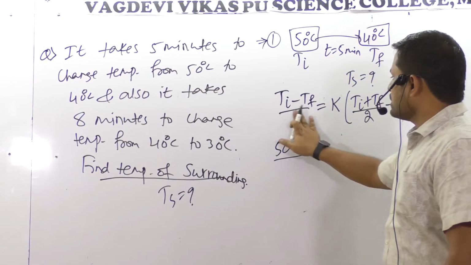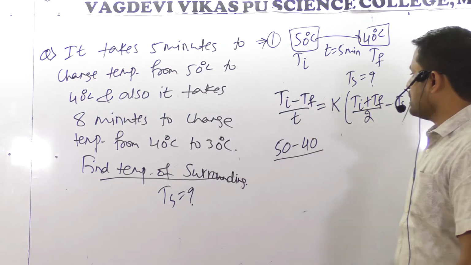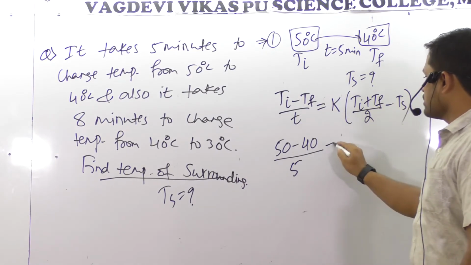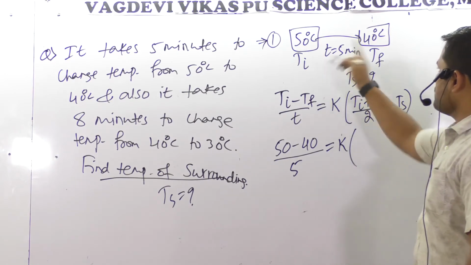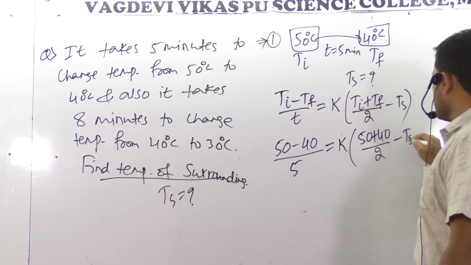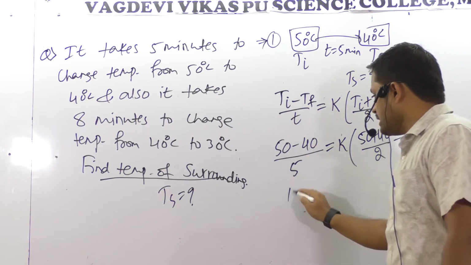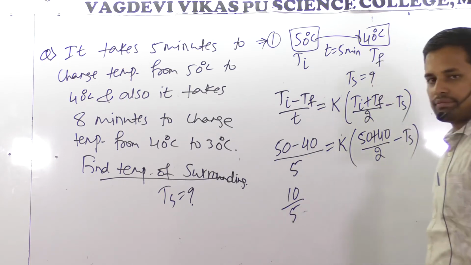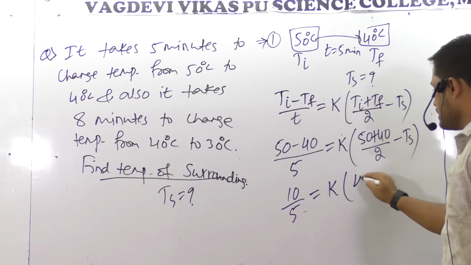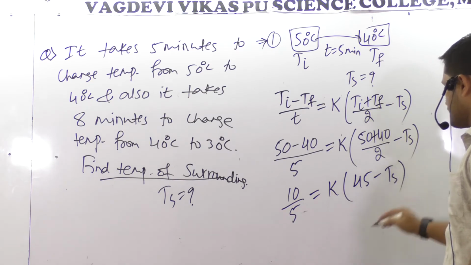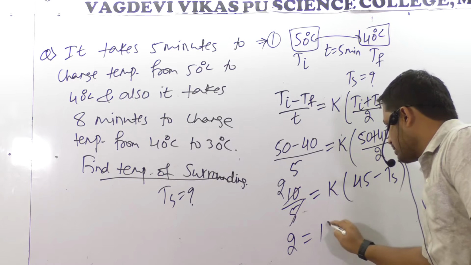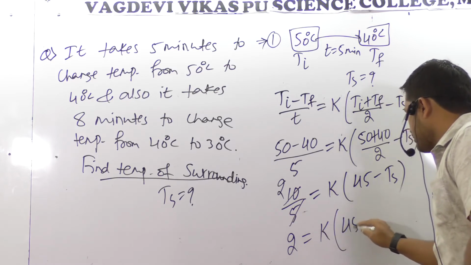Divided by, this is not a 2, this is t, sorry, I am really sorry. 50 minus 40 divided by time, which is going to be 5 minutes, is equal to K bracket, (Ti plus Tf) is going to be (50 plus 40)/2 minus Ts. So it becomes 50 minus 40, 10 divided by 5, 10 by 5 is equal to K bracket 50 plus 40, 90, 90 by 2 is 45, 45 minus Ts. Alright, so 5 ones are 5, 5 twos are 10, so it becomes 2 is equal to K bracket 45 minus Ts.